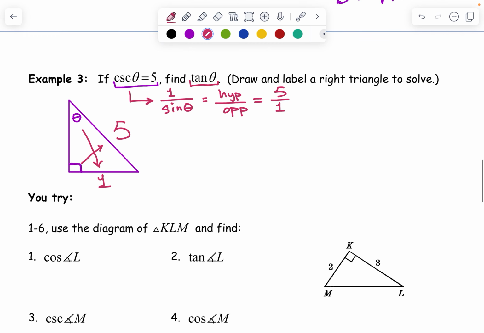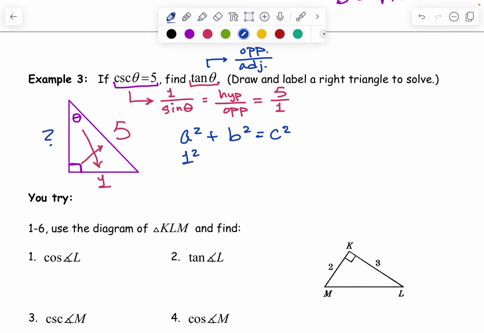Well, what is tangent? If you can remember SOHCAHTOA, tangent is opposite over adjacent. So what we need to do is find this missing side of our triangle, and then we need to find the tangent. So the first thing, finding that missing side, we're going to use the Pythagorean theorem. I know that one of my legs is 1, the other one I don't know, and my hypotenuse is 5.